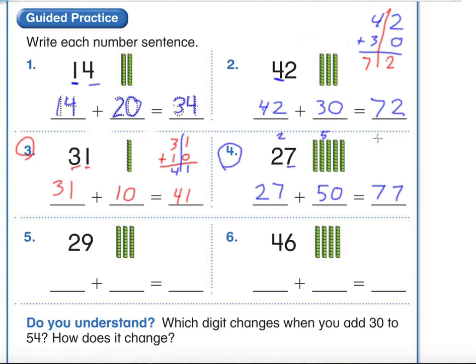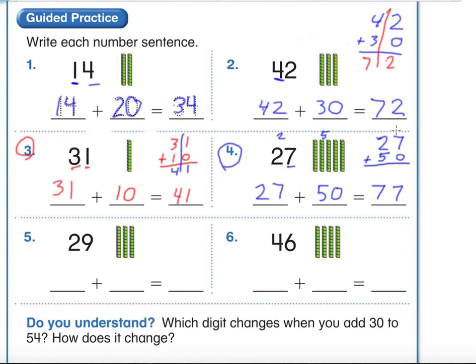Or we could rewrite it in a way that might look a little easier for us. Because personally, I'm not a huge fan of writing things from left to right. I never was as a kid, and I'm still not a huge fan of it. I always like writing my addition problems top to bottom. So we could say 27 plus 50.